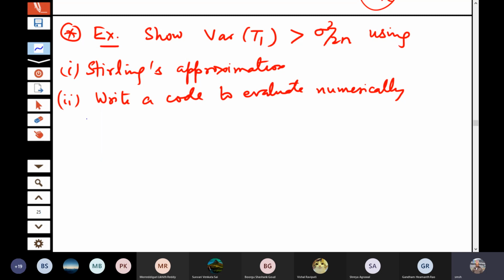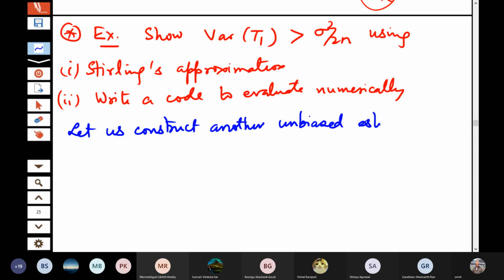Let me construct another estimator. So take mod of ξᵢ. If I consider expectation of mod of ξ, what is the term I will get?